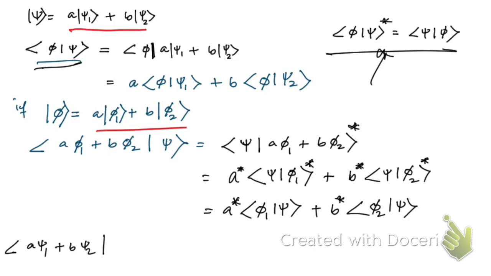So with phi, let me take other scalars. Suppose let me take c and d, c phi 1 plus d phi 2, let me take that. Okay, so what is going to be the result in this case?